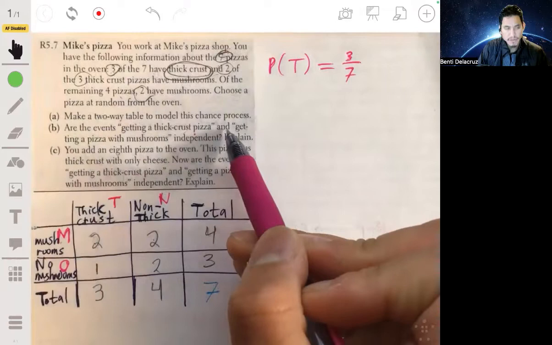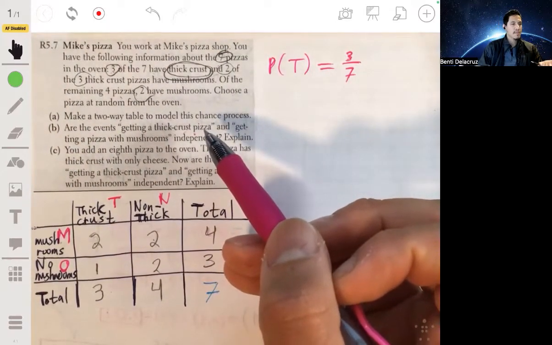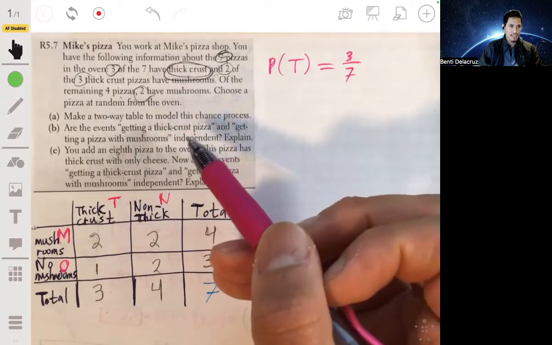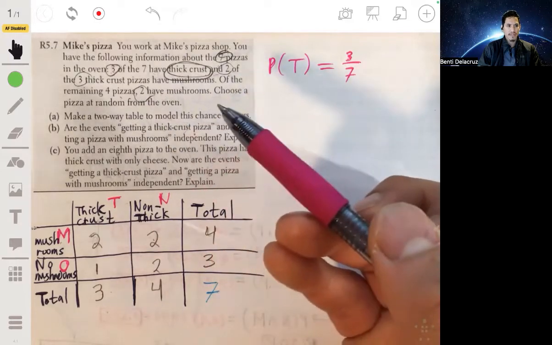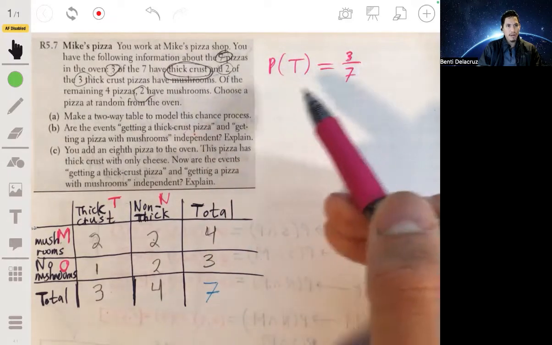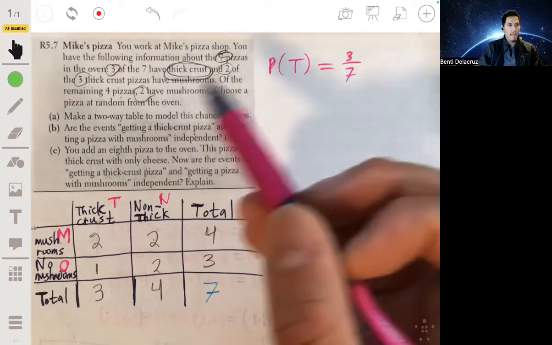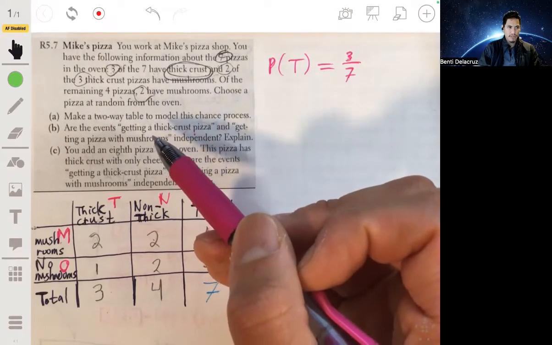Now, if we're trying to figure out if 2 events are independent, you're basically trying to figure out if there's a relationship or an association between the 2 events. So another way to ask yourself is, will this probability be affected, or will it change if we know the pizza has mushrooms?